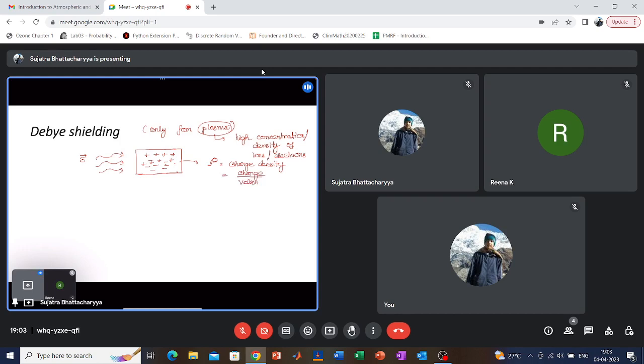Sometimes charge density can be written as charge per unit area also, but here we are considering charge per unit volume. You can consider charge per unit area as well. So it's not a big deal. So here in a plasma, without this electric field, this rho of plus, all the positive charges or the volume density, should always be equal to this rho of minus. It is always. And the number of ions will be equal to the number of electrons.